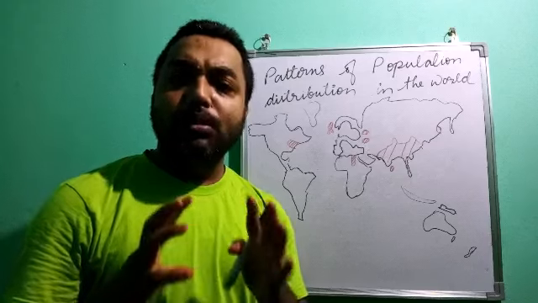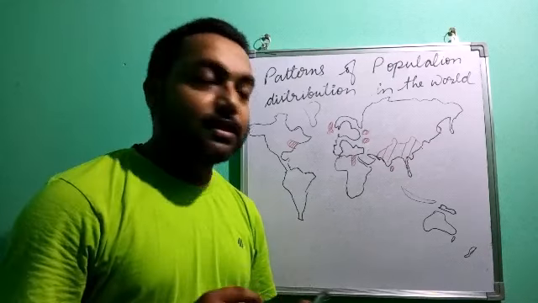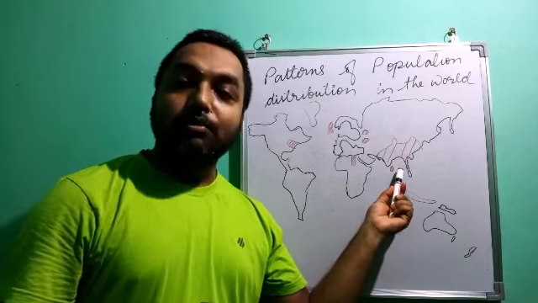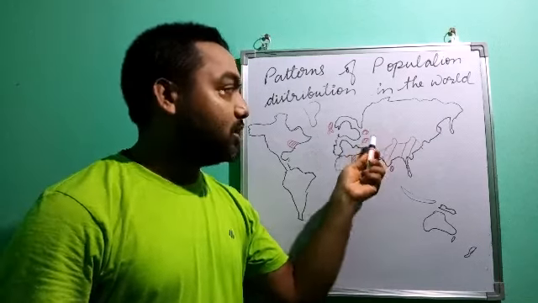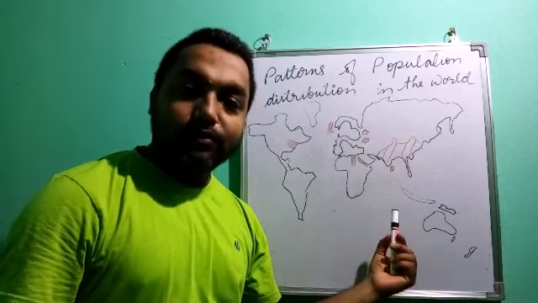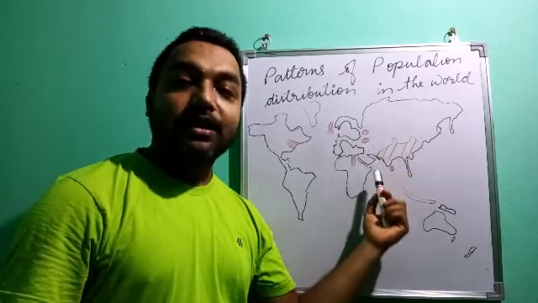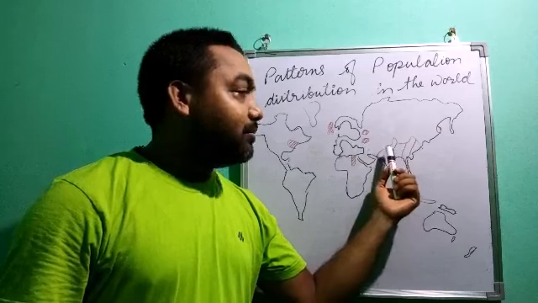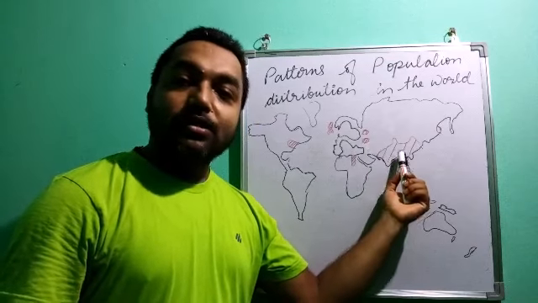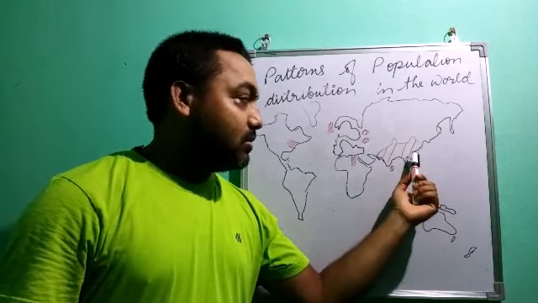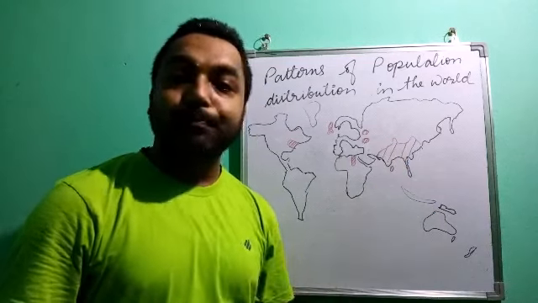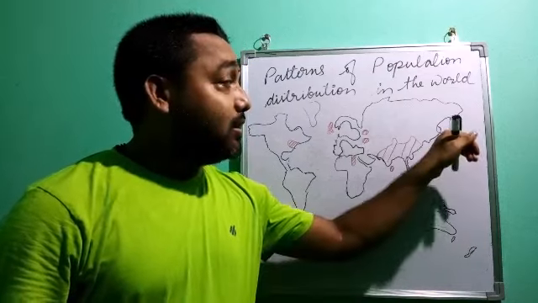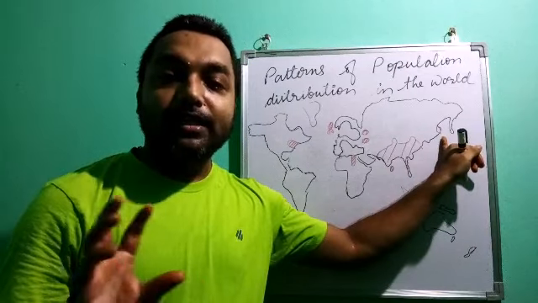The most populous area of the world is the South and East Asian countries. This is Asia. Here it is India, then Pakistan, Bangladesh, Nepal, then Thailand. All these countries are there, and some parts of China also, a little bit of the eastern part of China.